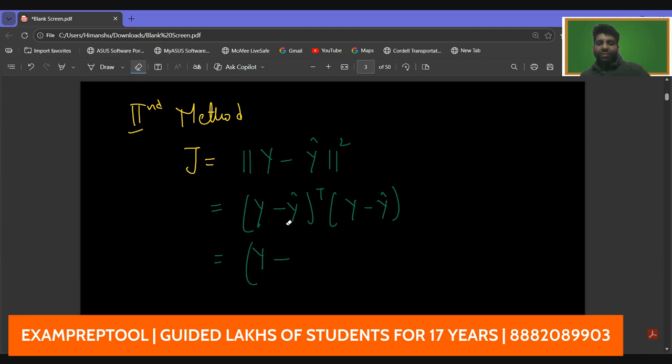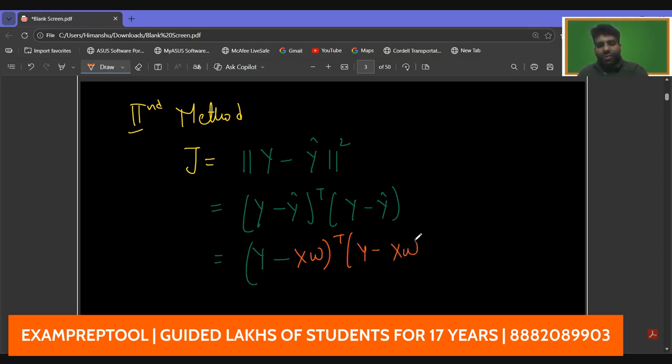Okay, so what we had was xw, transpose y minus xw. If I take the transpose, I'll get y transpose. For the multiplication, if I do the transpose, their order changes. So it would become w transpose x transpose into y minus xw.